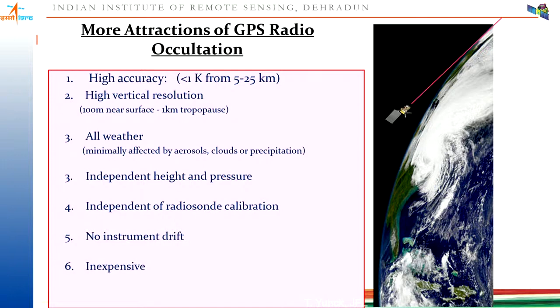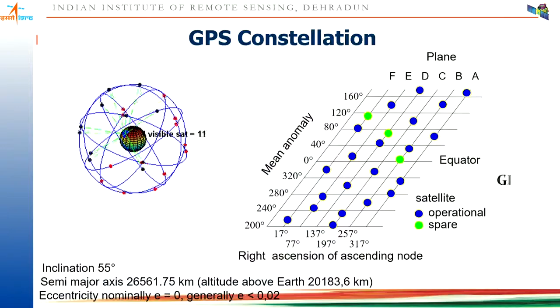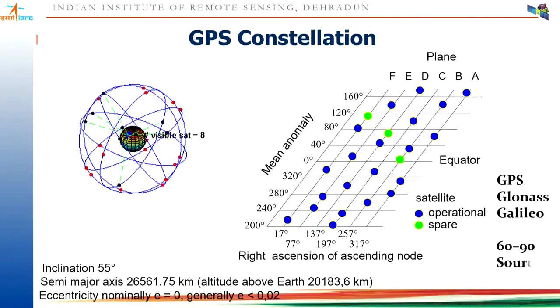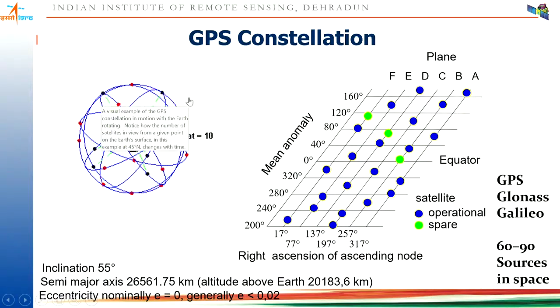One more important thing: we can take the receiver and place it on a low Earth orbit satellite, and it can profile the ionosphere, stratosphere, and the troposphere.